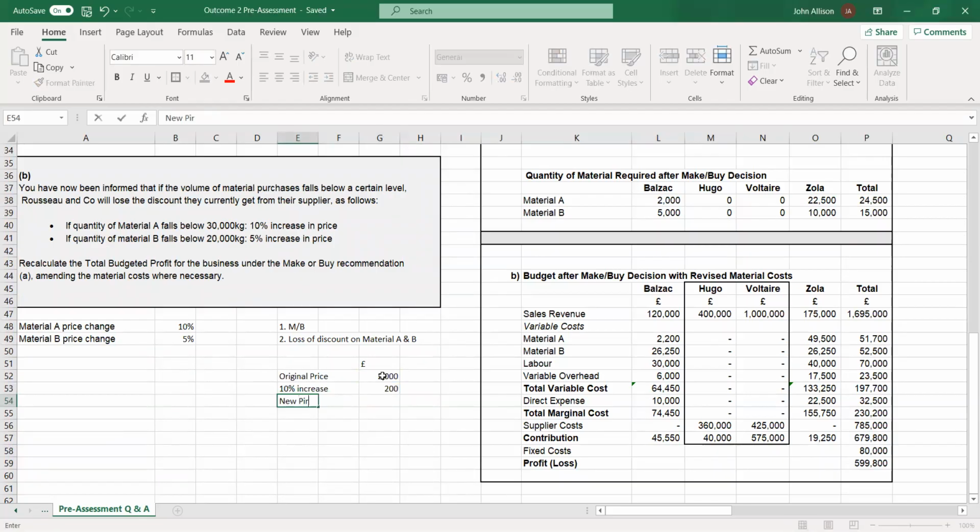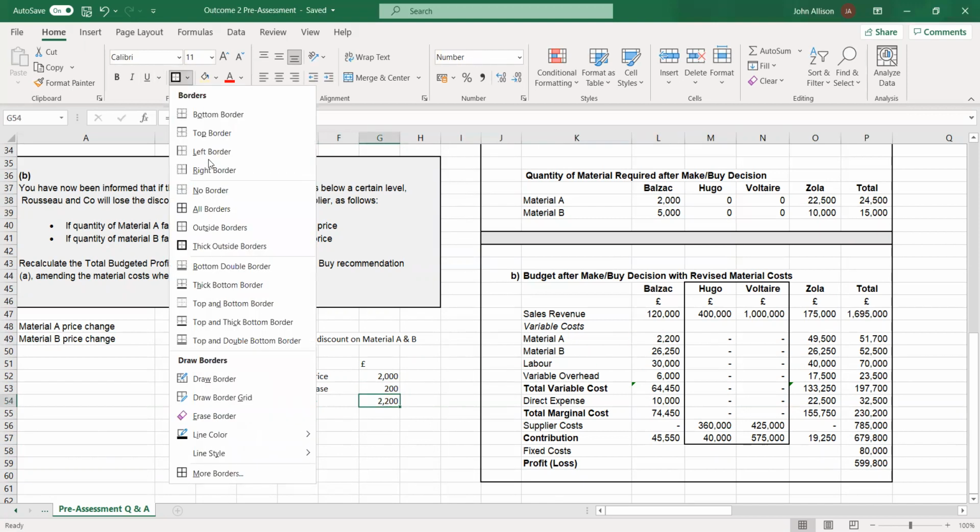The new, higher price is going to be the 2,000 plus the £200, which takes us up to the £2,200 for material A. So that's the slower way of doing it.